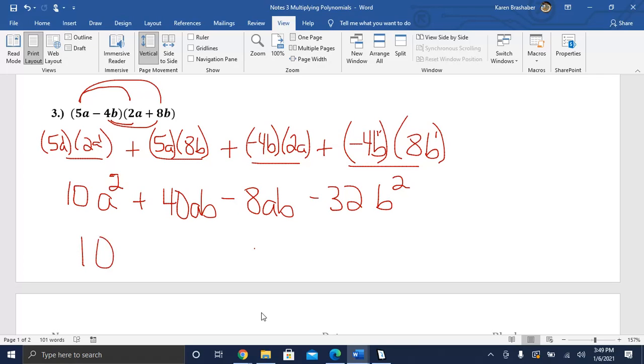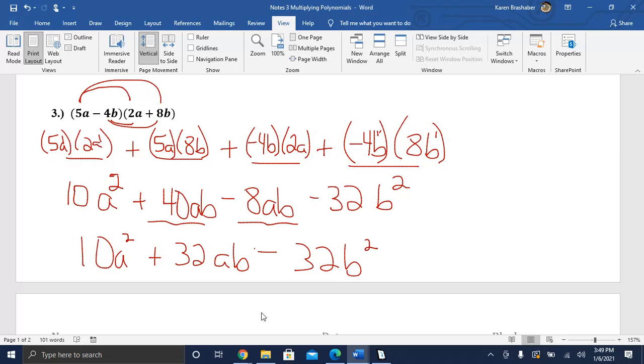So I'll have 10a to the second. My middle terms both have ABs. So I can add the numbers 40 and negative 8. That makes positive 32 AB, and then minus 32 B to the second.